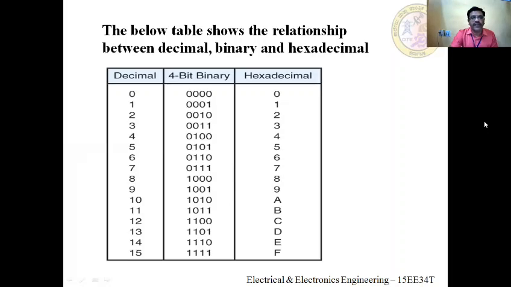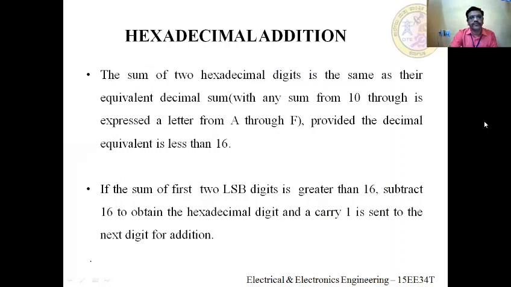So in simple, we can say the binary equivalent and the hexadecimal equivalent of a decimal number are given in this table.